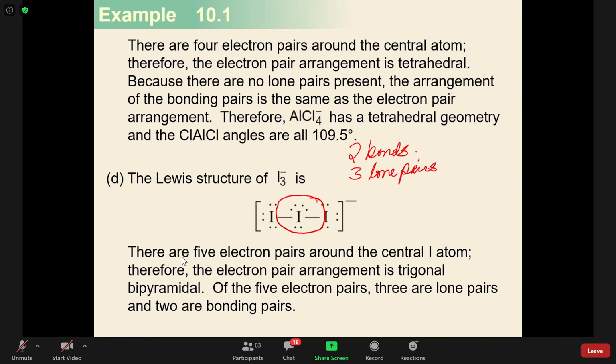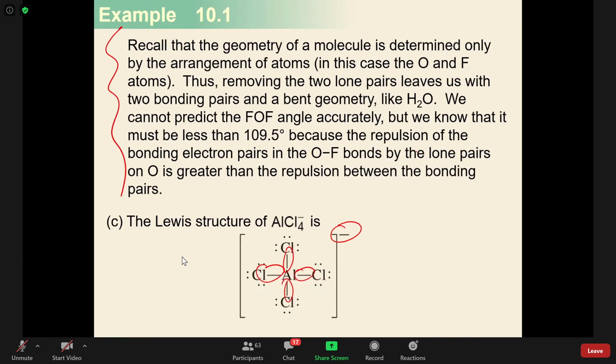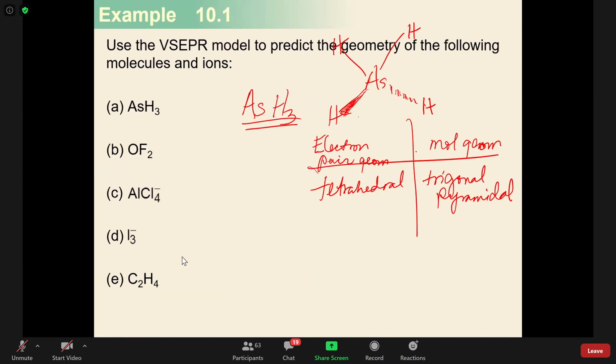What kind of geometry is that going to be? Should we go back and take a look and just remind ourselves how that is? I think it's trigonal bipyramidal myself. Let's go back and take a look.